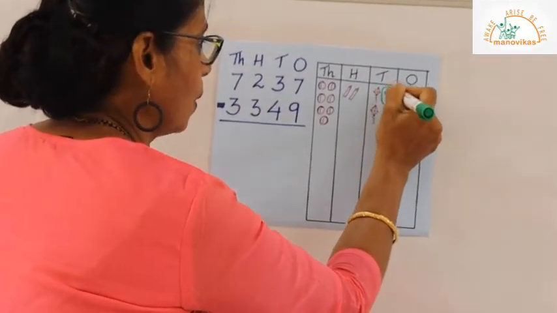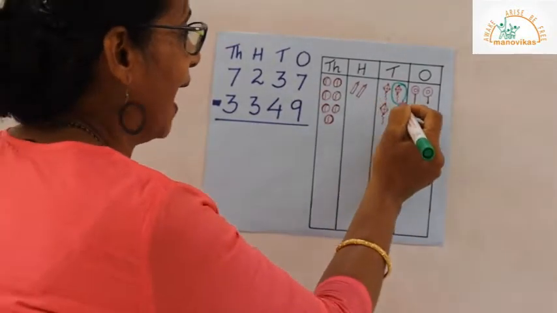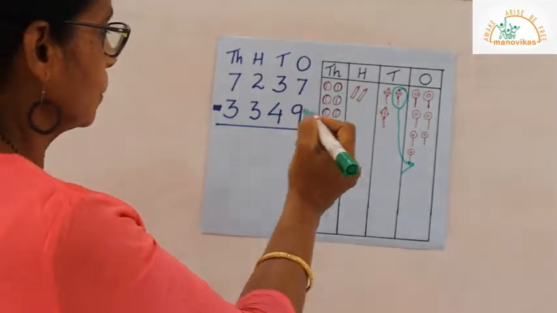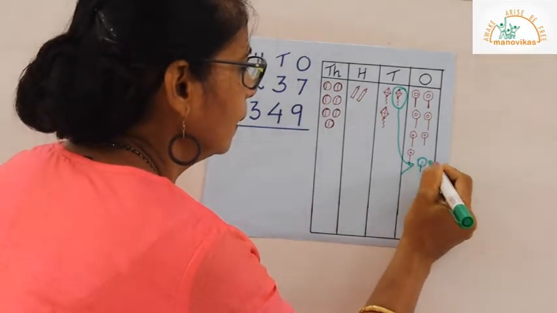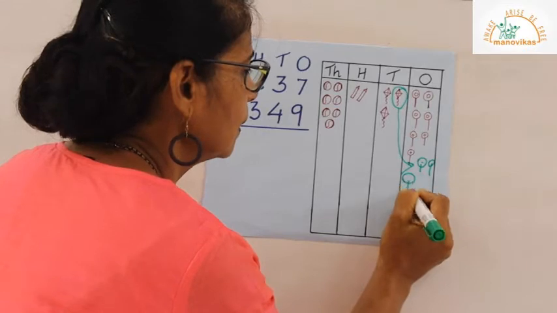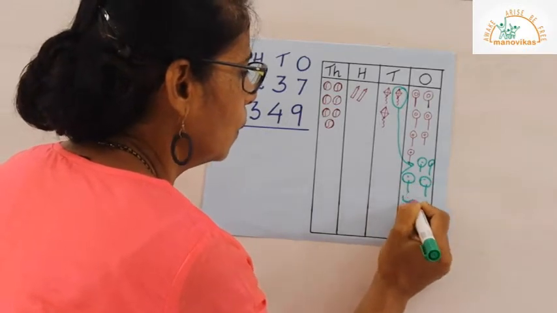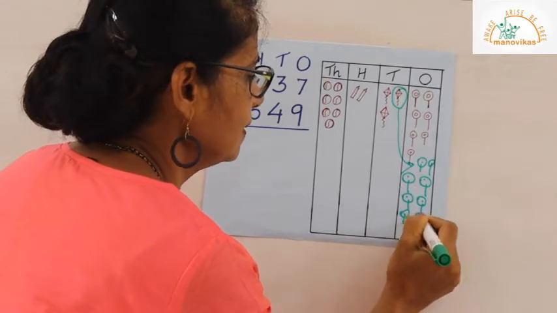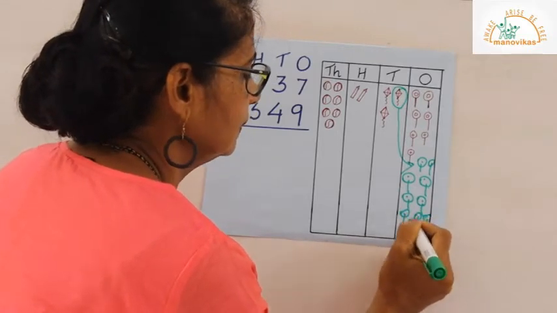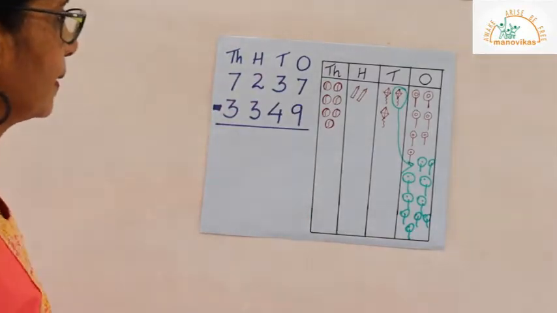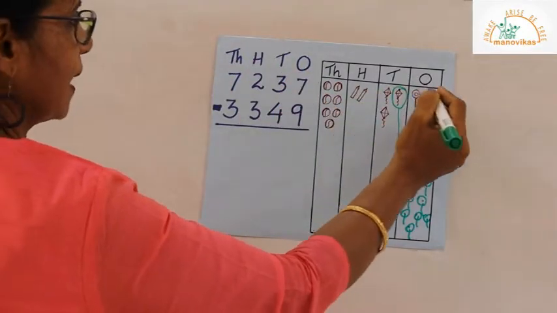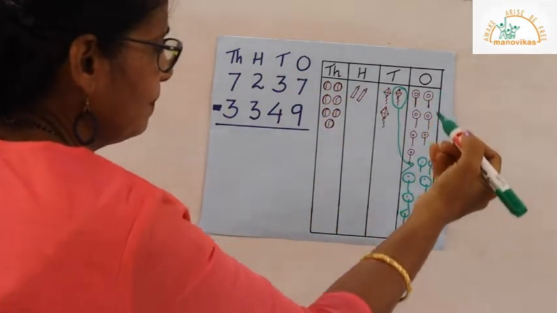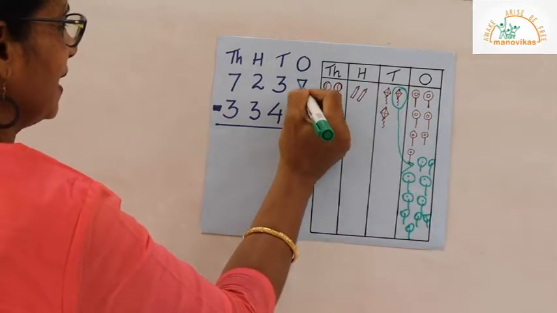So we'll take 1 tens and make it 10 ones. So 1, 2, 3, 4, 5, 6, 7, 8, 9, 10. Now we have to take 9 from 7. So 7 plus 10 makes 17.